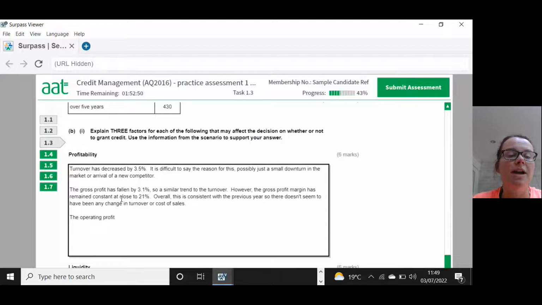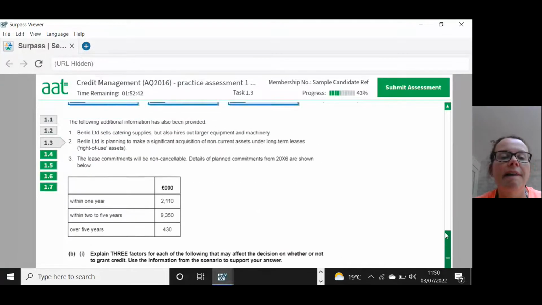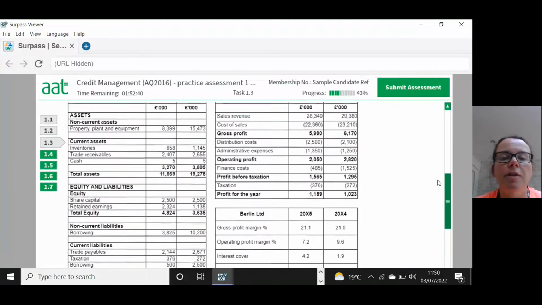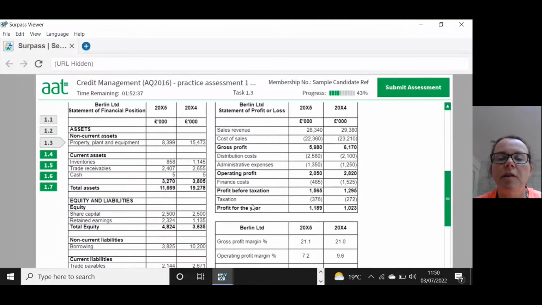So the operating profit, so what happened to our operating profit figure? Let's have a look. So looking at the statement of profit or loss, operating profit has declined.